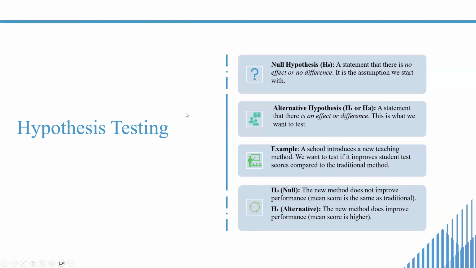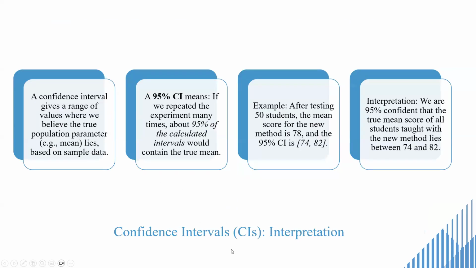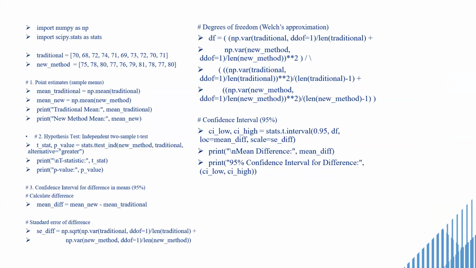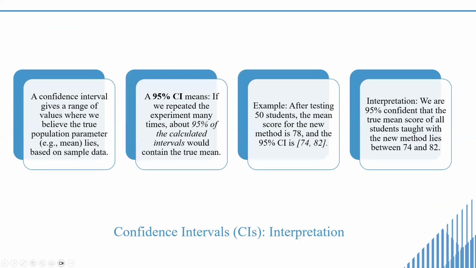If I have an example in Python, let's see. Yeah, so this is the code. I think this is all the code, so we can go one by one and see how it works. A confidence interval gives you a range of values where we believe the true population parameter lies, based on the sample. We just did this one.